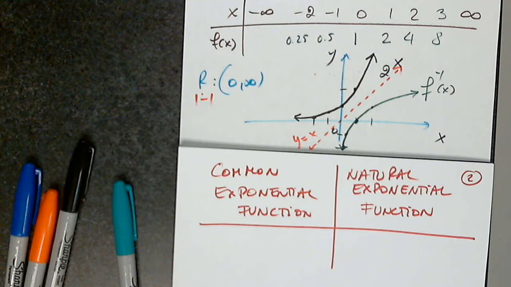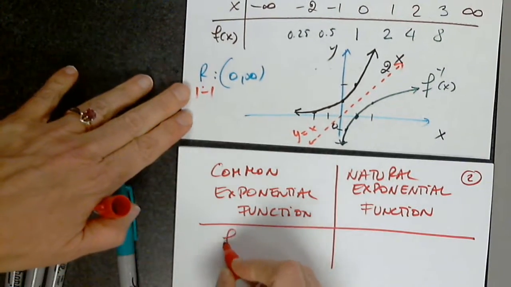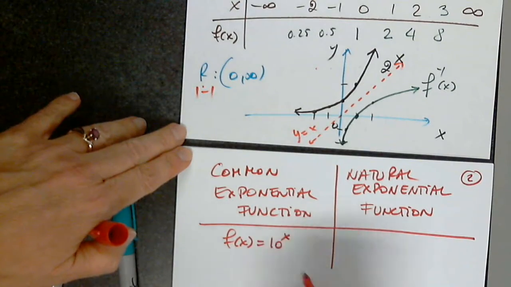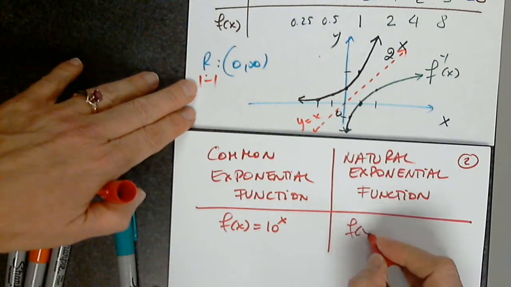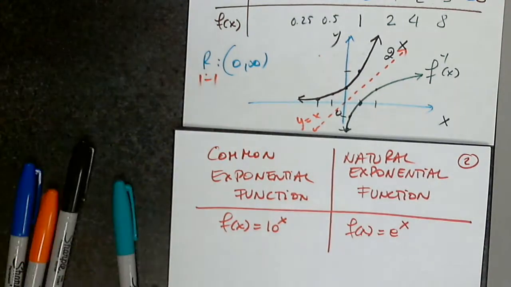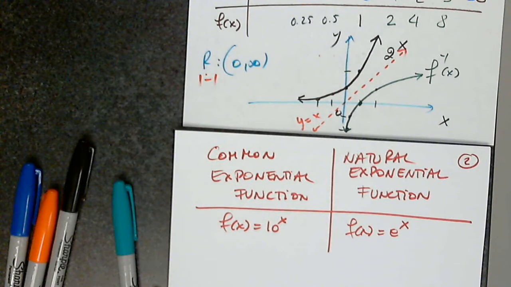The natural exponential function with second, it's e to the x. So f of x equals 10 to the x is the common exponential function, and f of x equals e to the x is the natural exponential function.